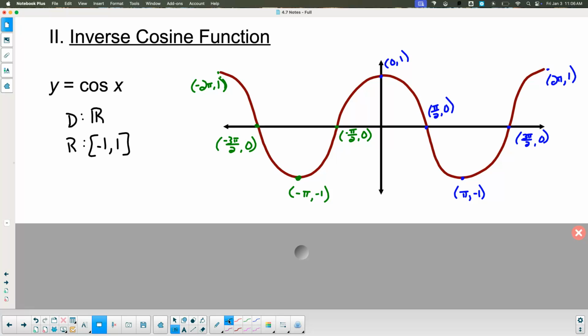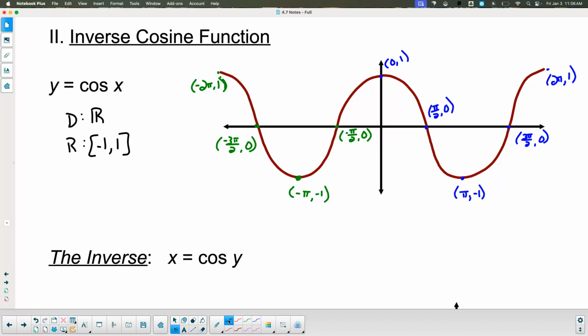Yeah? Okay. Let's invert it. What did we say yesterday we did to get an inverse function? Switch the x's and the y's, right? Everybody got the cosine graph written down with those points on there? So I don't have to keep scrolling back up.